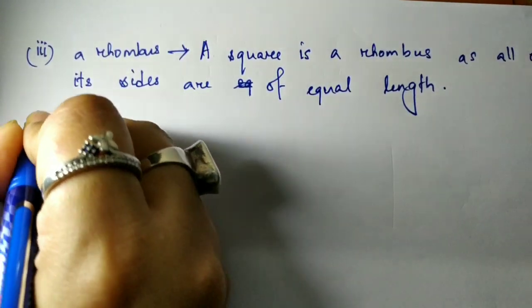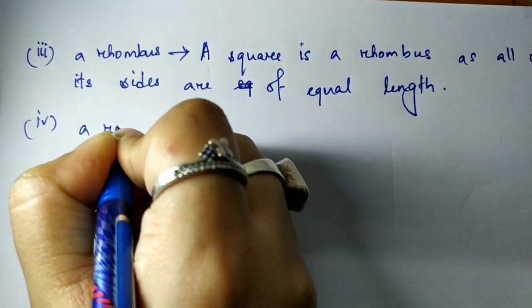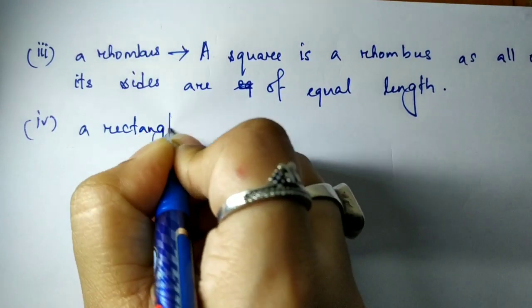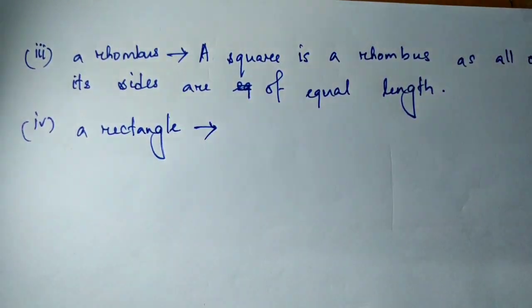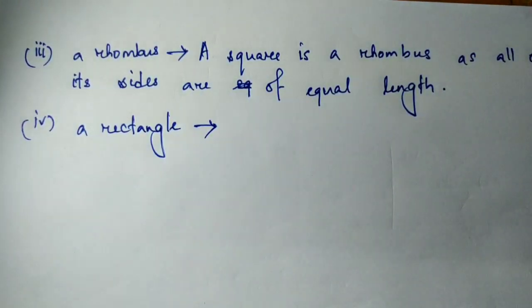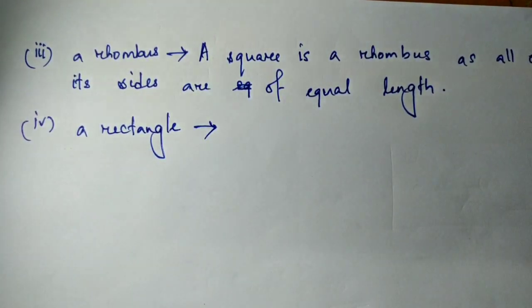So the last one from this question, number 4. Why is it said to be a rectangle? What is the similarity of a rectangle and a square? There are many, and one of them is that all the angles are 90 degrees, or you can say right angles.